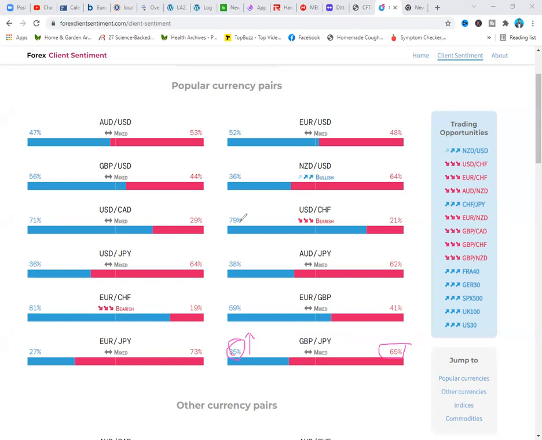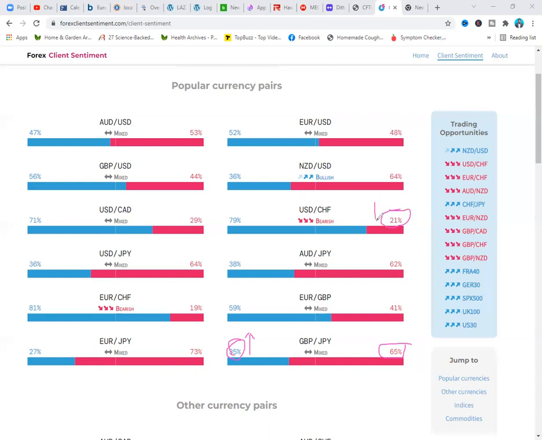That is the trend. So if you want to know what is the trend of the market, then you need to know where the banks are going. Once you are able to know where the banks are going, then it means you know the trend of the market. Because the banks will always want to go to where there are no traders, where there's minority. So when it comes to USD CAD, the minority are 21% selling.